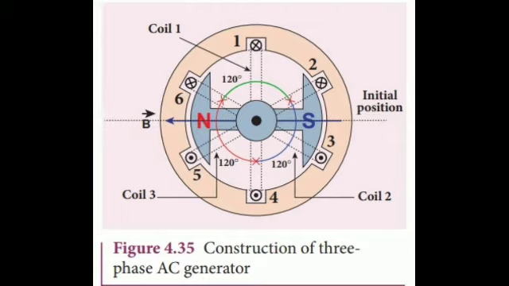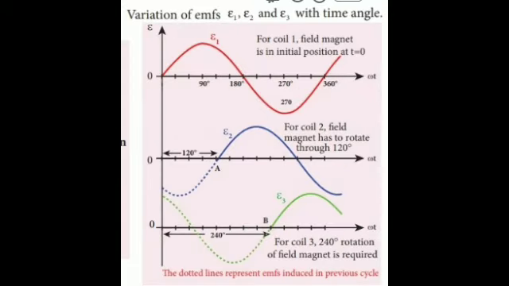The initial position of the field magnet is horizontal and field direction is perpendicular to the plane of the coil 1. As seen in a single phase AC generator, when field magnet is rotated from that position in clockwise direction, alternating EMF epsilon 1 in coil 1 begins a cycle from origin O. The corresponding cycle for alternating EMF epsilon 2 in coil 2 starts at point A after field magnet has rotated through 120 degree.